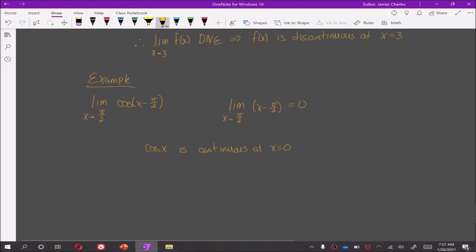We can just say this: the limit as x approaches pi over 2 of cosine of x minus pi over 2 is the cosine of the limit as x approaches pi over 2 of x minus pi over 2, which is cosine of 0, and cosine of 0 is 1. So that is what the composite function theorem is saying.